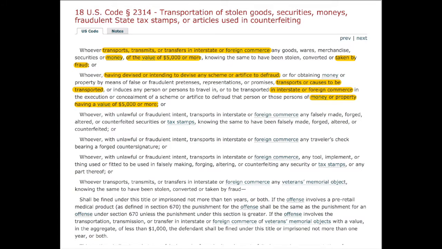Probably the most helpful act of racketeering, other than mail and wire fraud, is interstate transportation of stolen property, which is a very broad statute. Essentially it says that if you obtain property or money by fraud, and that property or money has a value of greater than $5,000, and you transport that property in interstate or foreign commerce, you've committed a federal crime.